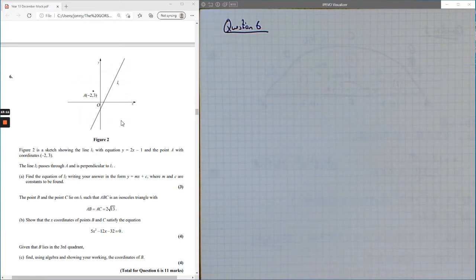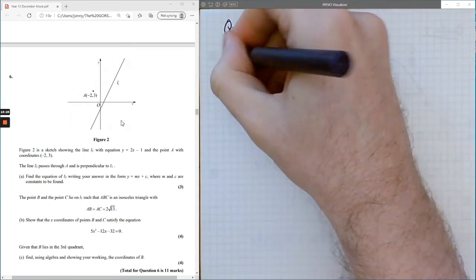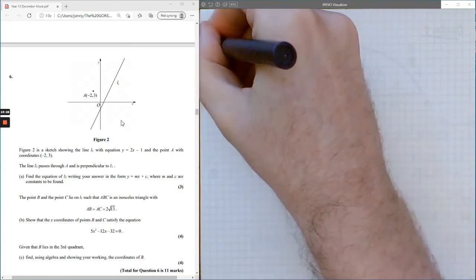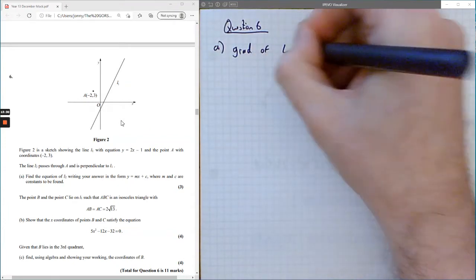We have a line with equation y equals 2x minus 1 and L2, which is perpendicular to L1 and goes through point A. So we firstly need to find the gradient of L1.